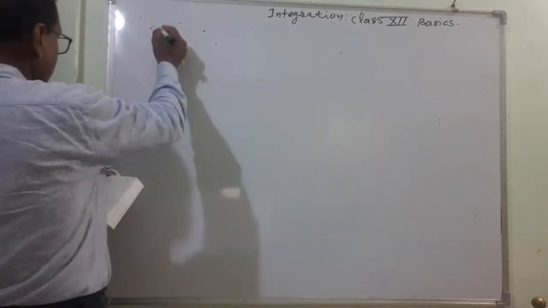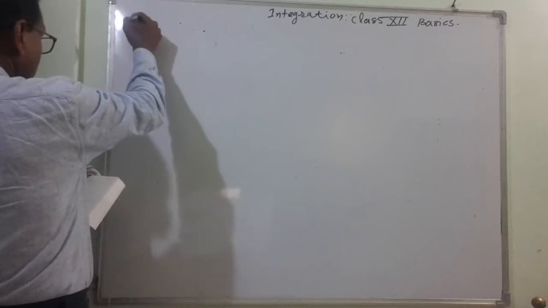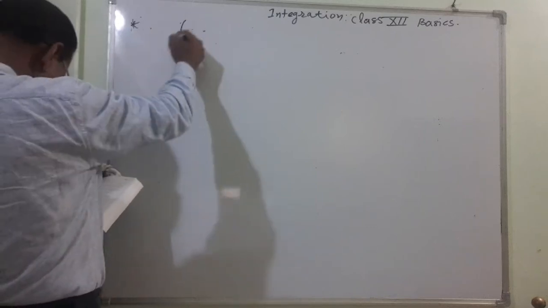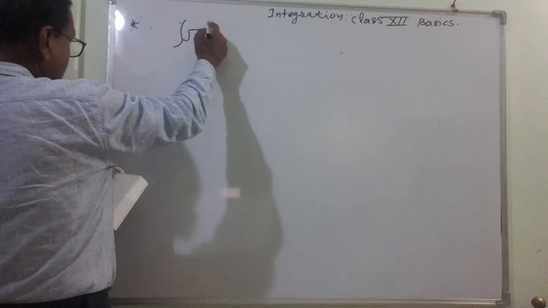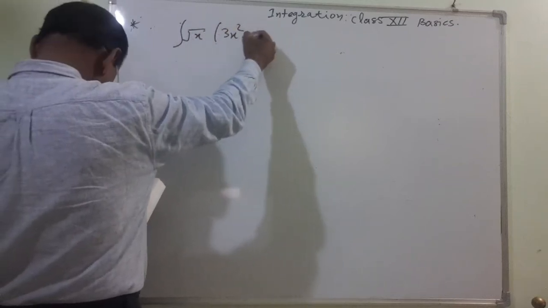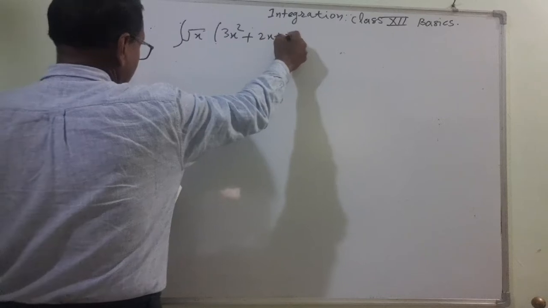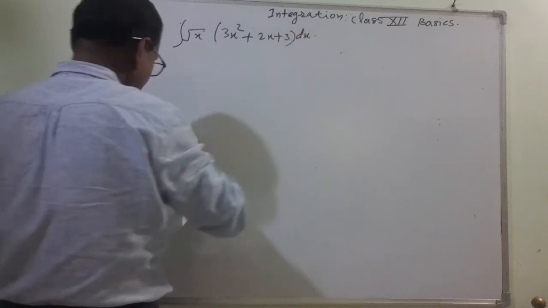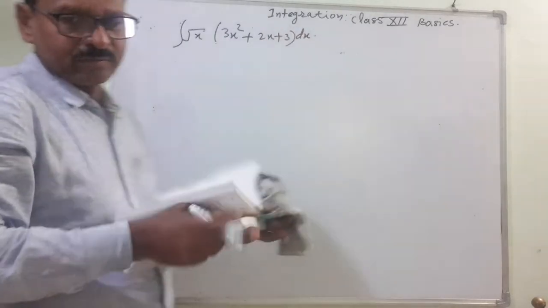Now integration of root of x into 3x square plus 2x plus 3 dx. Here I can do the multiplication.